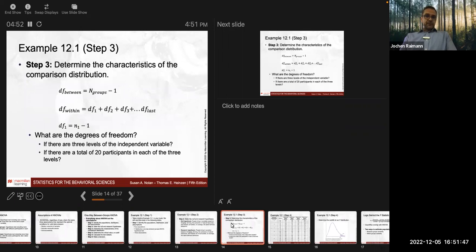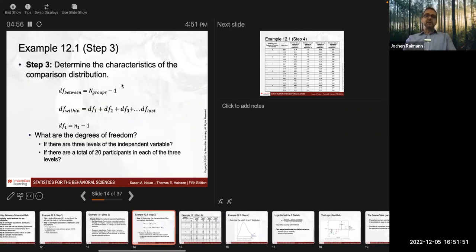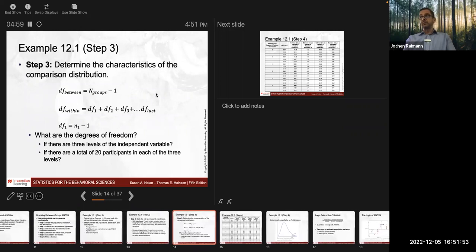So, null hypothesis aside, degrees of freedom are simple to determine. You have degrees of freedom between, that's the number of groups minus one, which is redundant if you know the sum of squares and the variance. The degrees of freedom within is the sum of the degrees of freedom of each individual group. So that's the group sample size minus one, which can be unequal for between groups ANOVA.